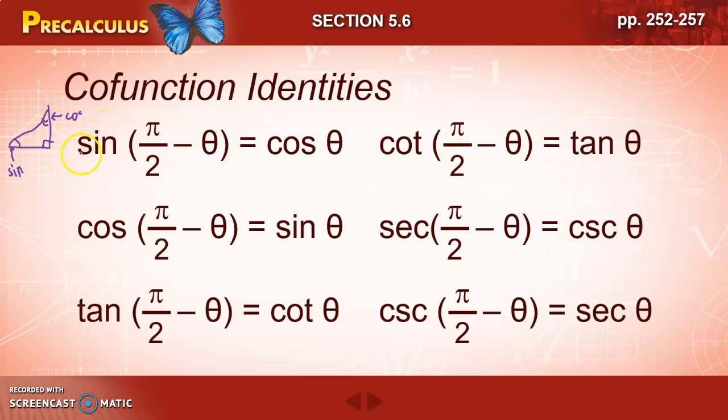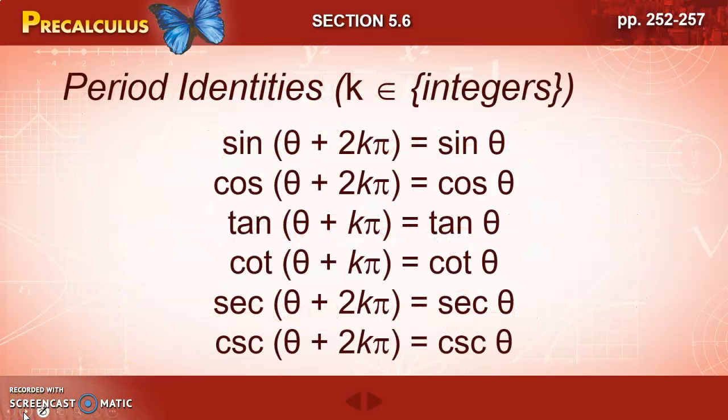So our cofunction identities are sine and cosine, tangent and cotangent, and secant and cosecant. And then our period identities refers back to when we did periodic functions in a previous chapter. And so period identities we won't really use a whole lot at this point, but they are listed for you here and on page 255.